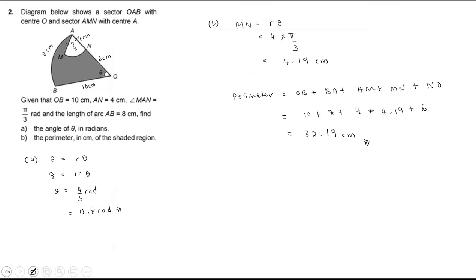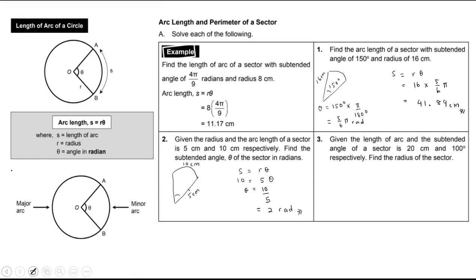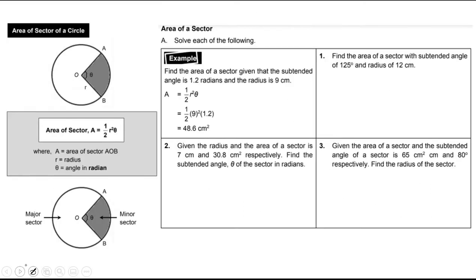Before this, we learned the formula to calculate the arc length of a circle. To calculate S, the formula is S equals r theta, where r is the radius and theta is the angle in radians. Now we want to learn how to calculate the area of a sector of a circle. Let's say the shaded region here is the sector.